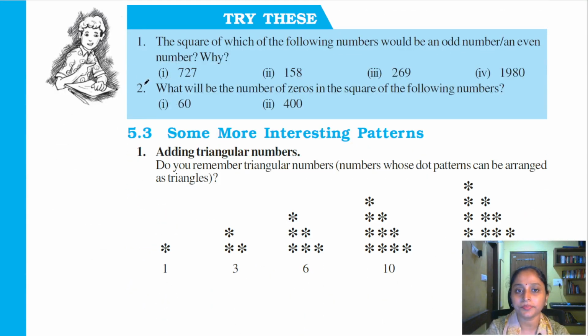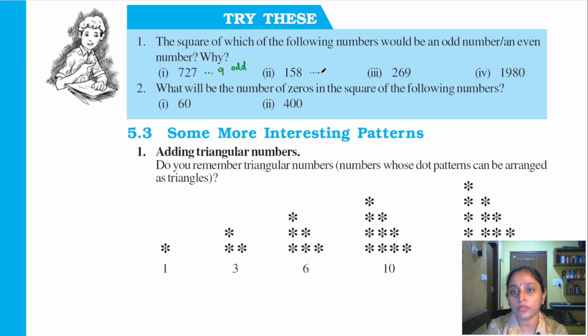Now here, the square of which of the following numbers would be an odd number or an even number, and why. So now here again, how do you decide whether a number is even or not? You're always going to look at the units place. However big or small the number is, all the information you need is the units place. So here, square of this is going to end with 9, so it's an odd number, right?